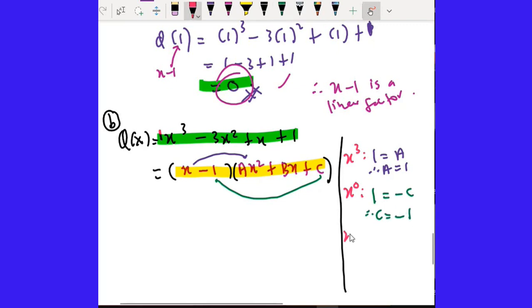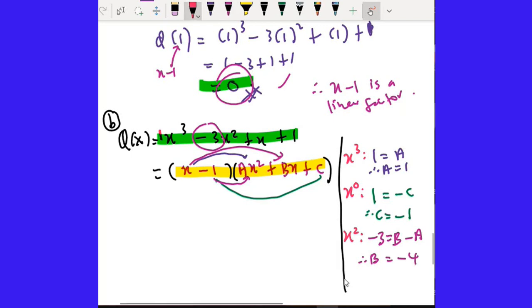Now, to find B. This one, x squared. On the left hand side, negative 3. On the right hand side, this one times B, this one times this, negative A. So A is equal to 1. Bring here negative 4.